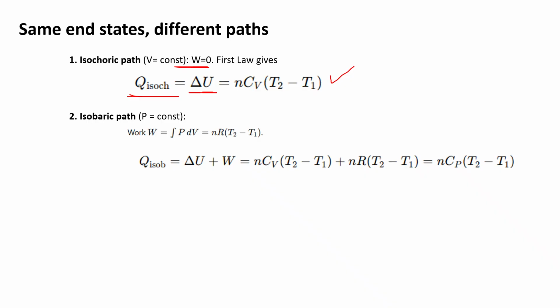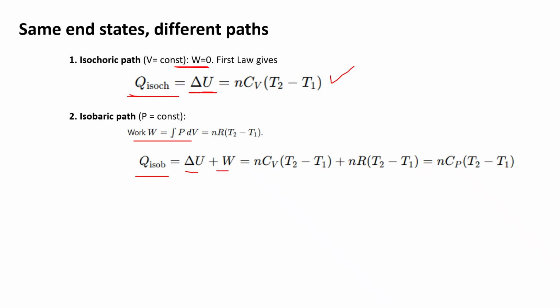Next, we look for the amount of heat in the isobaric path, or constant pressure path. We know that in the constant pressure path, work is equal to the integration of P dV, which is equal to nR (T2 minus T1). Then heat is equal to the internal energy change plus work done.